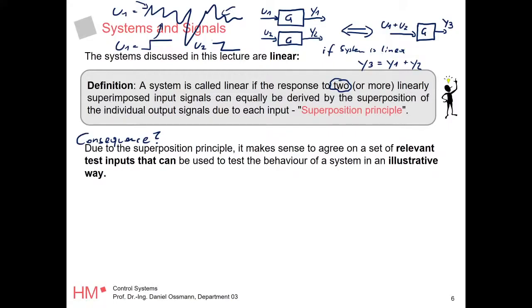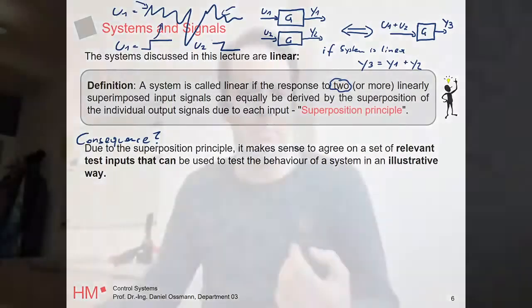But we can use this principle here to restrict ourselves to very basic input signals. We're just going to do a step, an impulse, a sine wave and a ramp, and that's it. We don't need to cover every possible input signal because this would be impossible. We are making use of this property of our system, and say we are just testing very basic signals, because we know if we want to test something more complex, it's just going to be a composition of a lot of these basic signals to come up to that crazy signal there.